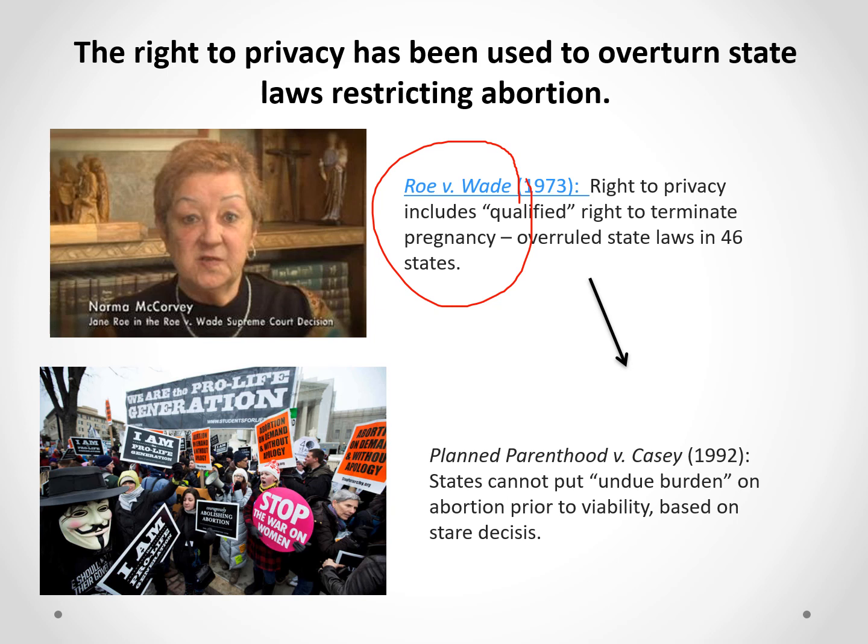So again, the idea is that the closer you are to the baby being able to live outside the mother's body, perhaps the more interest the state has in regulating abortion. Nonetheless, the Supreme Court declined to overturn Roe versus Wade. They said, we're not going to overturn Roe versus Wade.